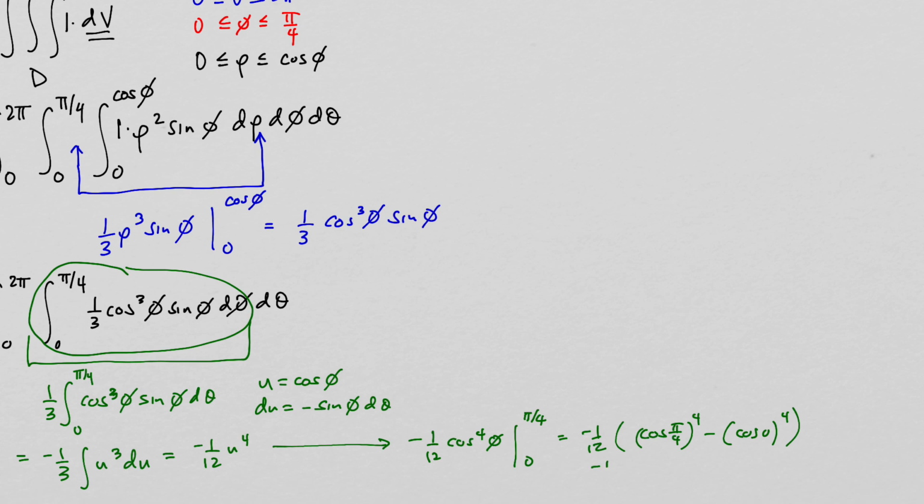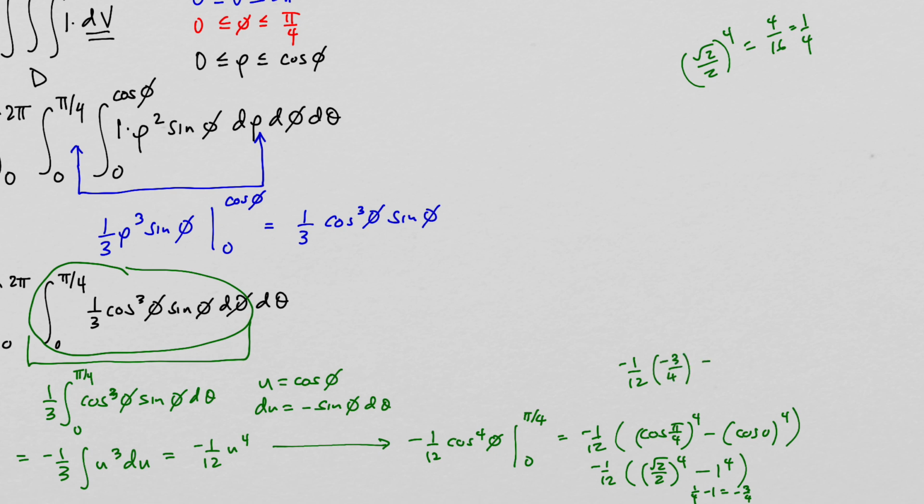That is negative 1/12 times radical 2 over 2 to the 4th minus 1 to the 4th. Radical 2 over 2 to the 4th power is 4 over 16, which is 1/4. So in here we have 1/4 minus 1, which is negative 3/4. So we've got negative 1/12 times negative 3/4, and if you simplify that, you get 1/16.